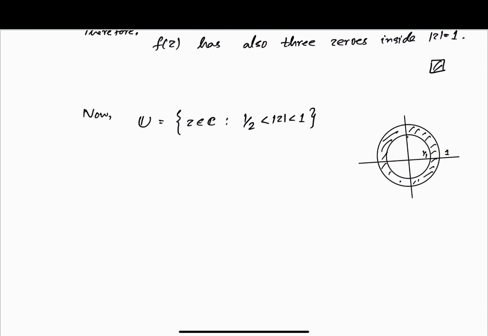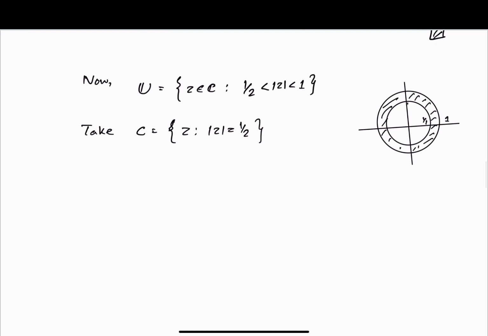So here we will take the contour C, all such z such that mod z equals half. Again, as earlier, we will take these two functions, hz equals minus 25z cubed and gz to be z plus z to the power 5 minus z to the power 7 by 7 factorial plus z to the power 9 by 9 factorial minus z to the power 11 by 11 factorial.